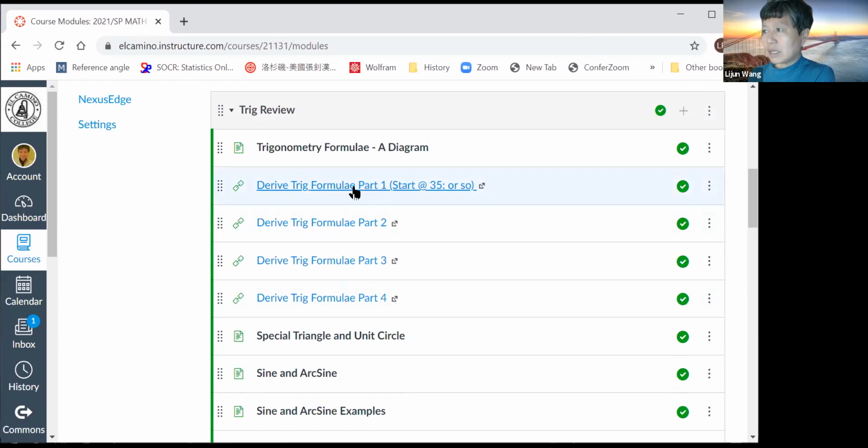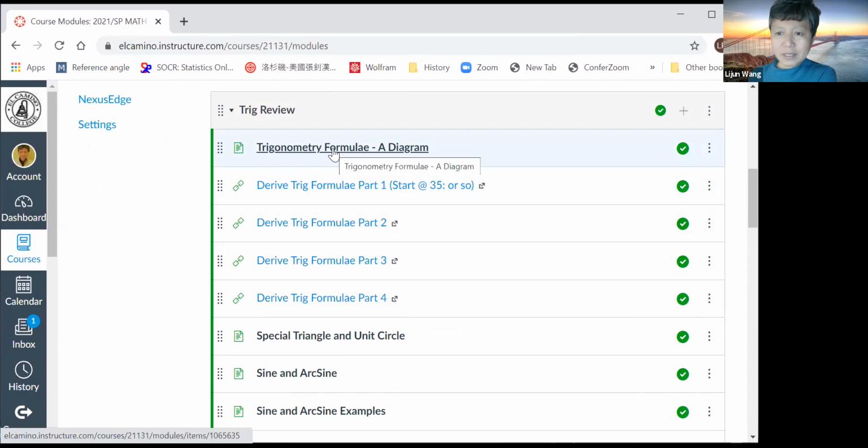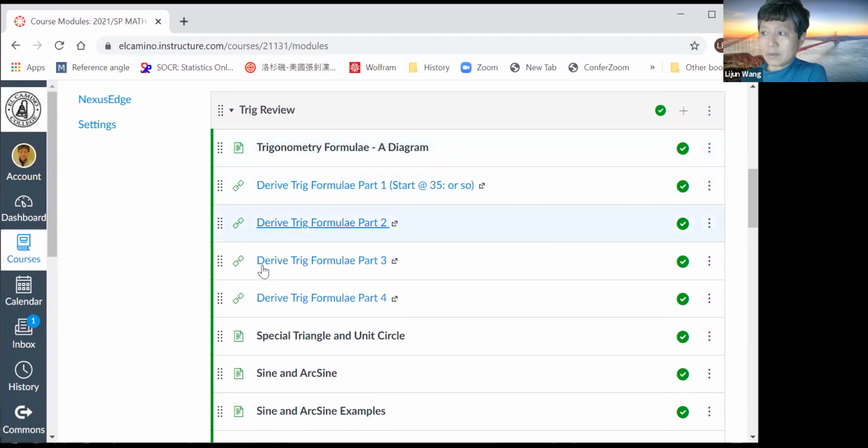Some of these lectures are from my past lectures. It's about trig formula, deriving trig formula. I have a trig formula sheet. Once again, I proudly say I made this diagram. And I have these recordings showing you how they're being derived step by step.